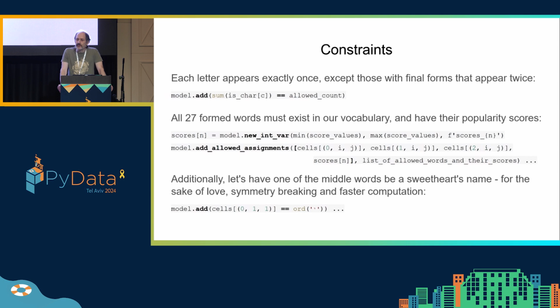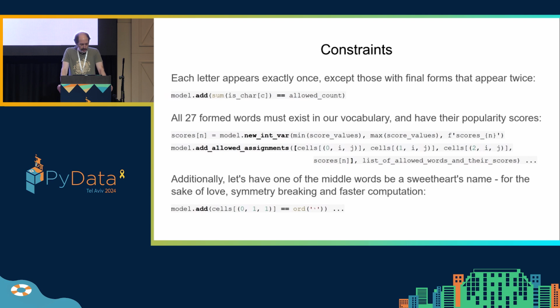We want all 27 words to exist in our vocabulary. My vocabulary is all the inflections from the Hspell dictionary, which I intersected with mC4 from Common Crawl to get popularity scores for the words in the corpus. So let me put here the scores.